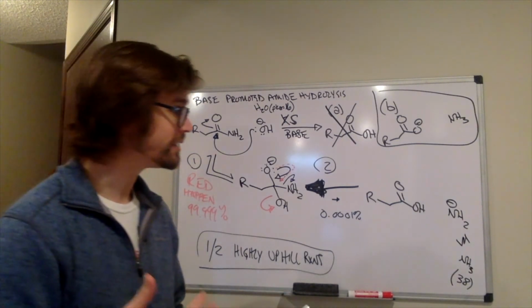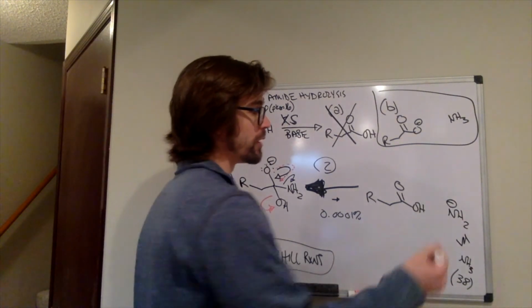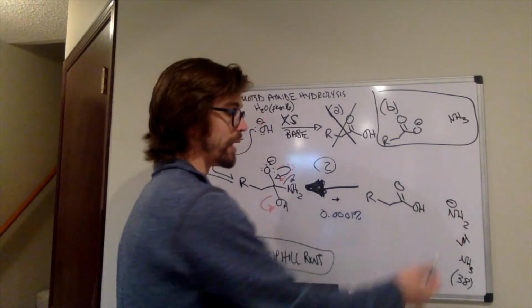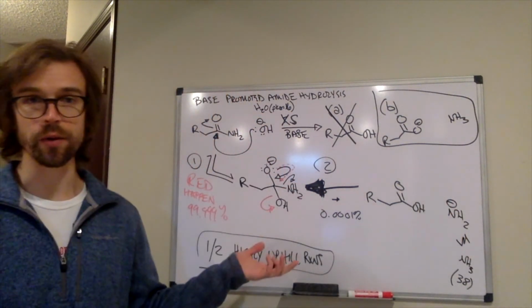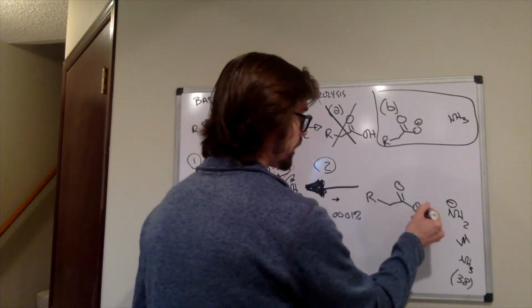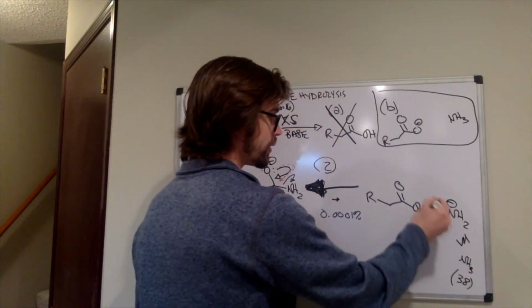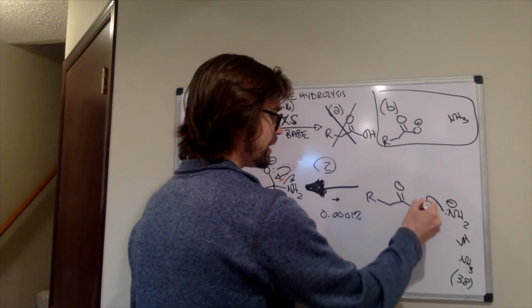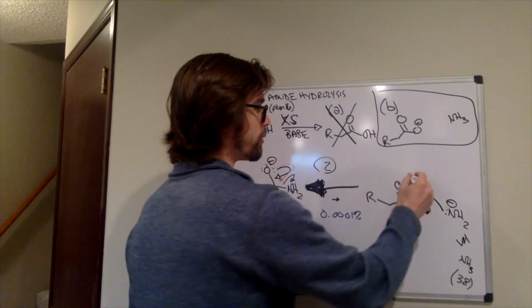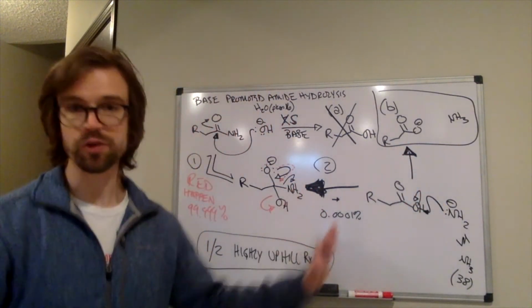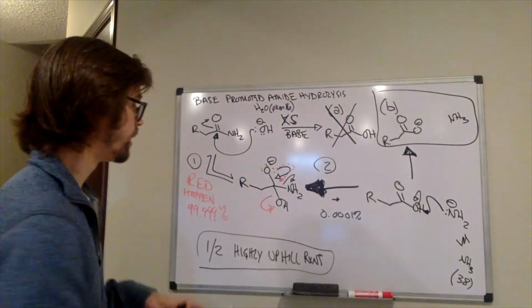And once that does happen, what do we have? We have a really strong base. This is a stronger base, substantially stronger than OH minus. And we have a carboxylic acid. So as soon as this acts as the leaving group, it's immediately going to deprotonate that carboxylic acid in a unidirectional arrow sense.